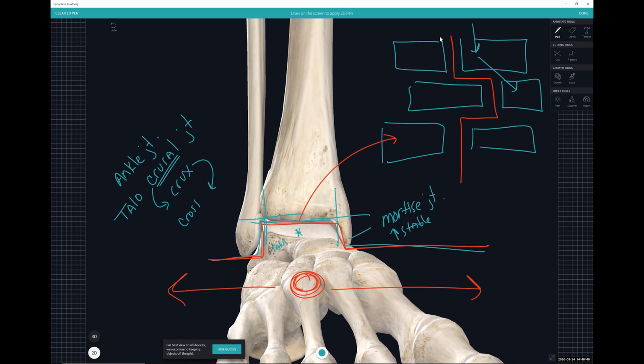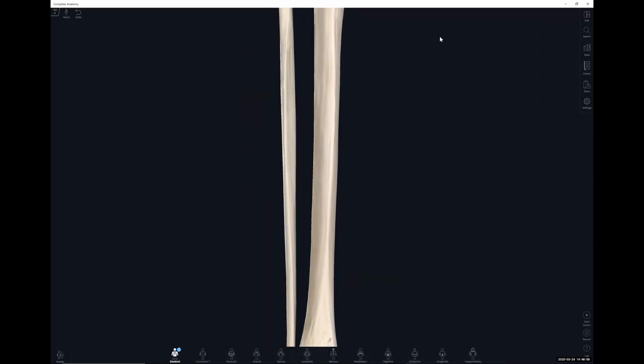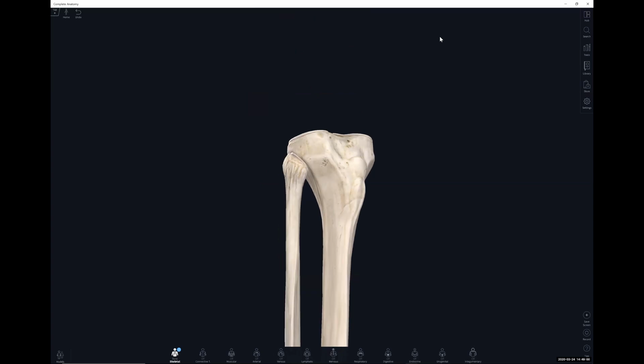But what I want you to see is that the modes of stability of the ankle are mainly derived from bone. Modes of stability for the knee joint derive from soft tissue.